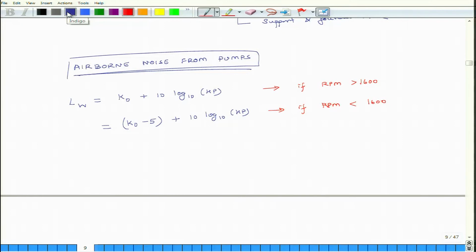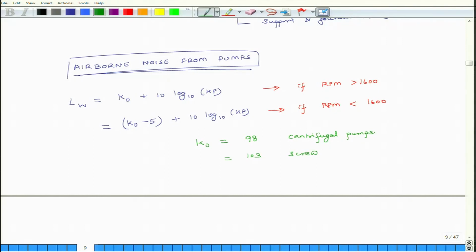We have 3 different types of pumps, so we have 3 different constants. K naught equals 98 if the pump is centrifugal, and then it is equal to 103, 5 decibels more, for screw pumps.